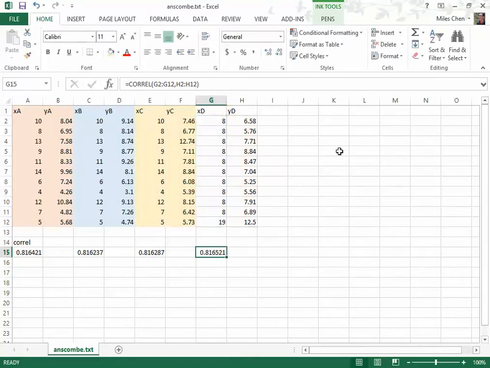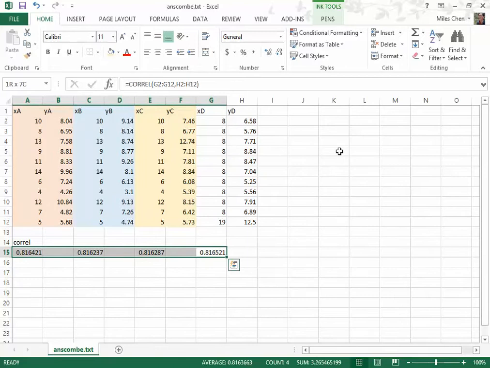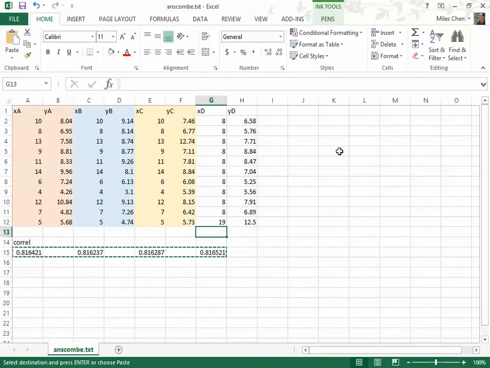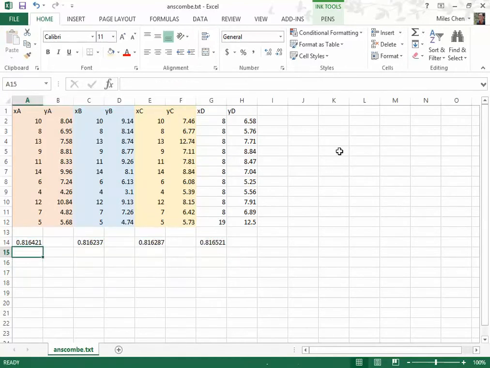You can see all of the correlation values are around 0.816. So it seems like maybe the correlation is pretty good for all of these. And looking at the numbers, you would have no idea that correlation only makes sense for one of these data sets. For the other ones, the correlation doesn't make sense.